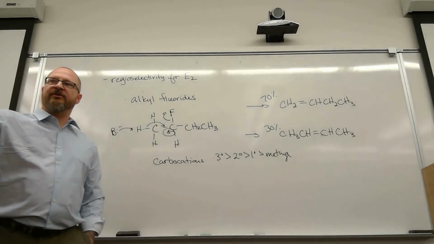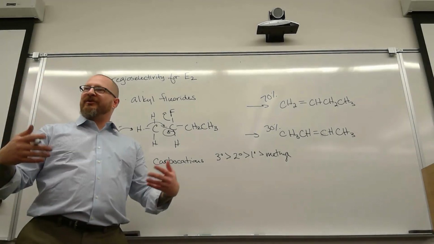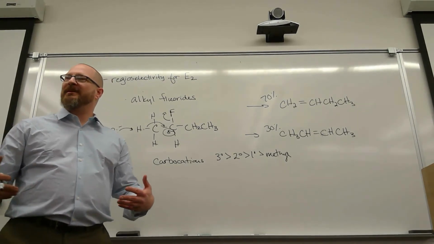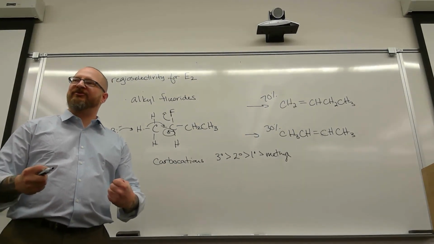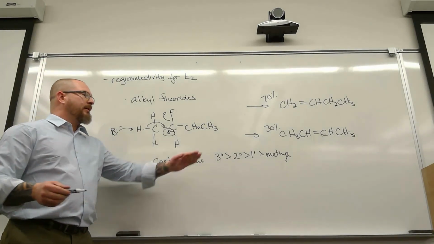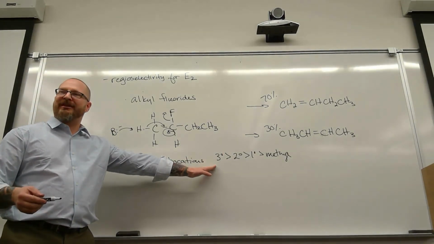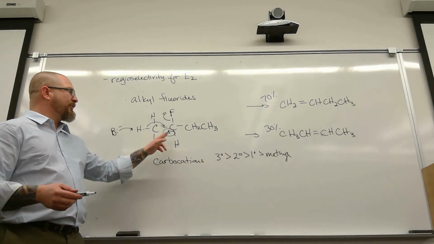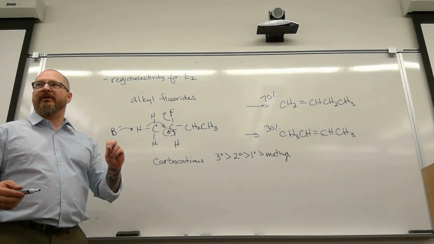Because of the hyperconjugation donating extra electron density, right? So it's all that extra electron density coming from the hyperconjugation, which stabilizes that positive charge. Hyperconjugation contributes electron density. This already has electron density as a carbanion.